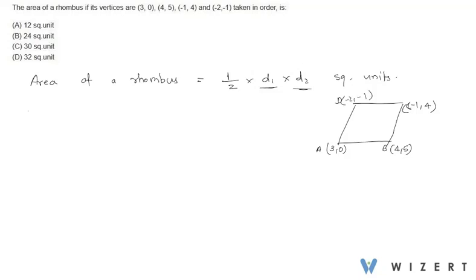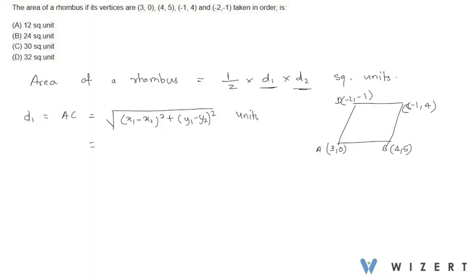Now diagonal d1 equal to AC, which is equal to, let's see, length of diagonal AC is nothing but distance between points A and C, and that is given as square root of (x1 minus x2) whole square plus (y1 minus y2) whole square units.